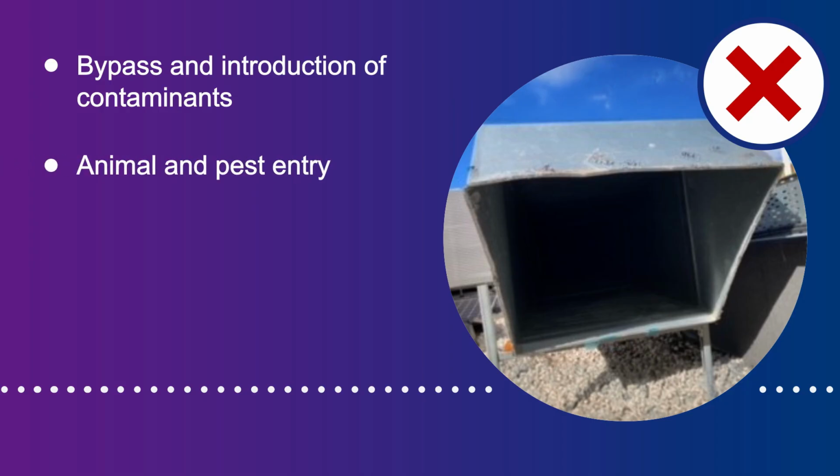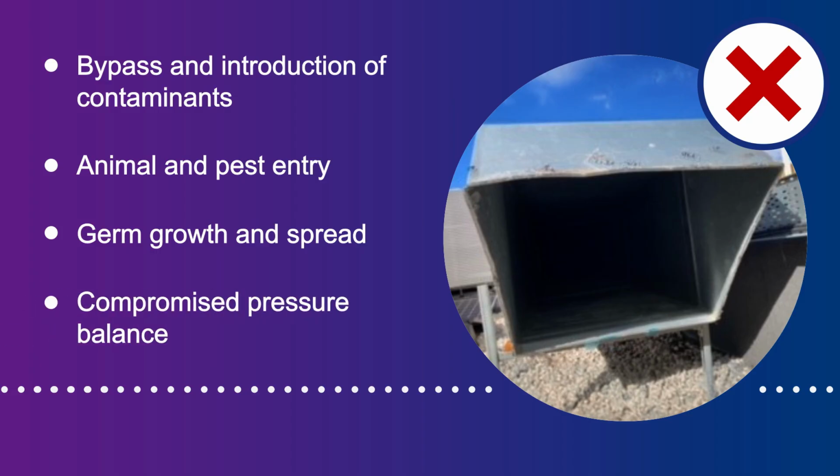Animal and pest entry is possible where appropriate protection is not in place. Leaks in ductwork can create ideal conditions for the growth of germs. These germs may then be transmitted via the ventilation system. Improperly sealed ducts can disrupt the pressure balance between areas, which may lead to inappropriate mixing of air.